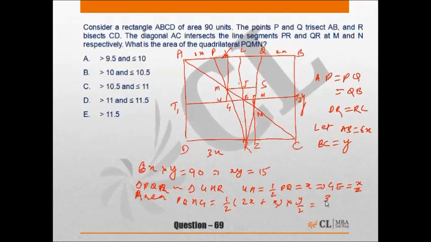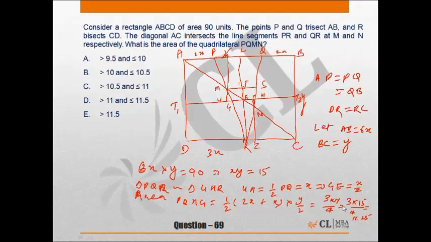This is equal to 3xy upon 4, 3 into 15, as the value of xy is 15, upon 4. From here we get area of trapezium PQHG as 11.25.